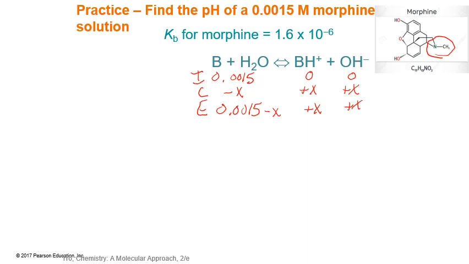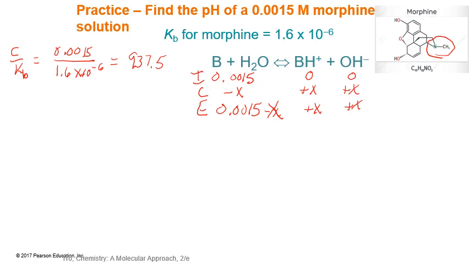And so I'm just going to double check real quick to see if we can ignore that X. So we're going to compare our concentration to the Kb value. And we end up with 937.5. So we can ignore the X. We're just going to ignore it.